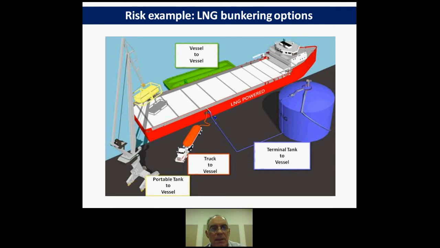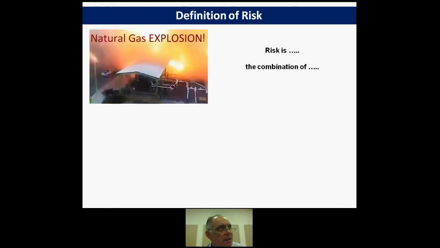So back to the definition of risk, it is important to understand that risk is the combination of hazard probability and its consequences. Now, when we talk about hazard, we're talking about a condition which has the potential to cause an accident. It can be expressed in terms of probability or frequency.